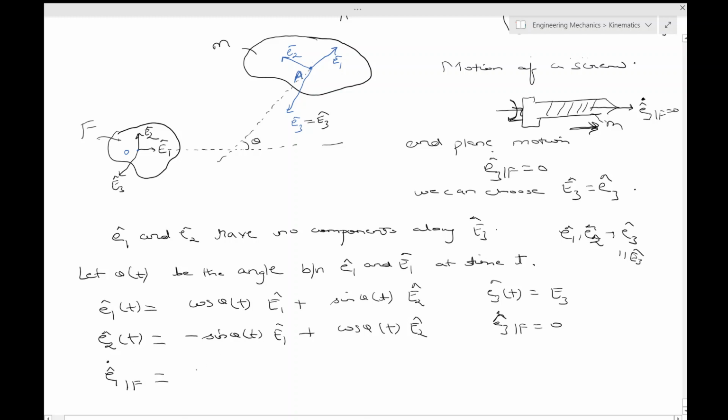is equal to minus sine theta E1 hat plus cos theta E2 hat, times theta dot.